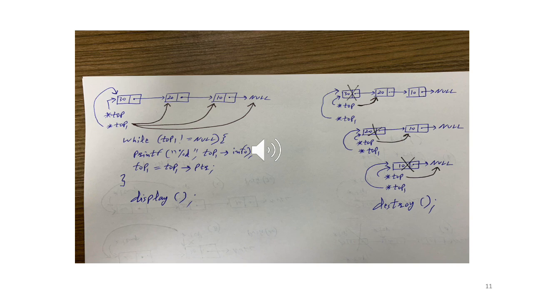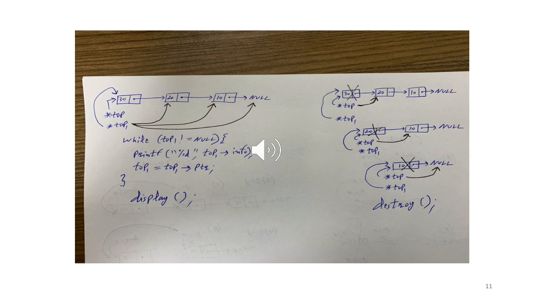We will go there and then we'll print the info, then we'll examine the pointer value, which will take us to the third node, again go print the info, and then visit the next node. So eventually we will hit null, because the value of null would mean that the node that we have just visited is the last node. So that's how we'll know how to stop walking, how to stop this traversal.